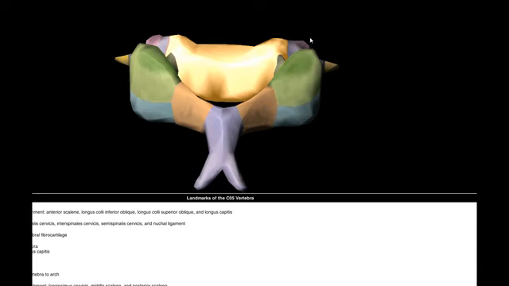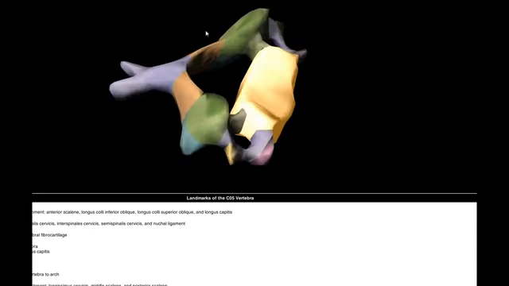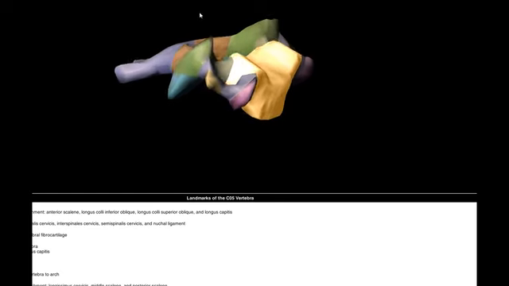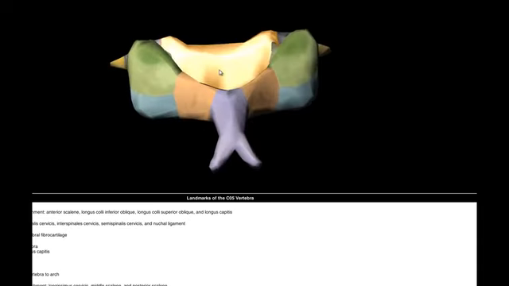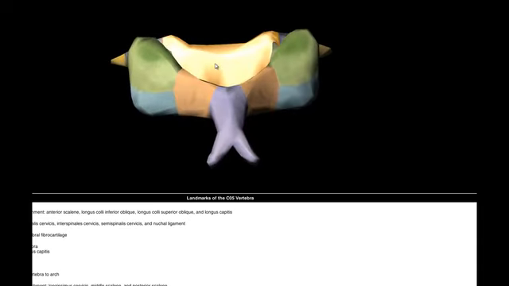And what that does, because again, looking at this orientation, as I rotate away, and this is driven down, I will get rotation to the same side. So normal facet mechanics in the cervical spine are a little bit different than they are in the lumbar spine.